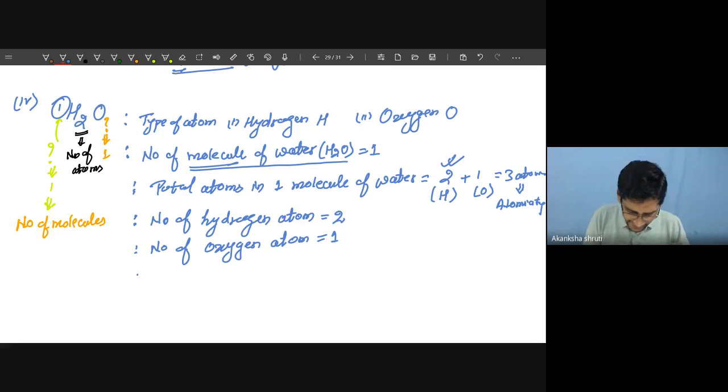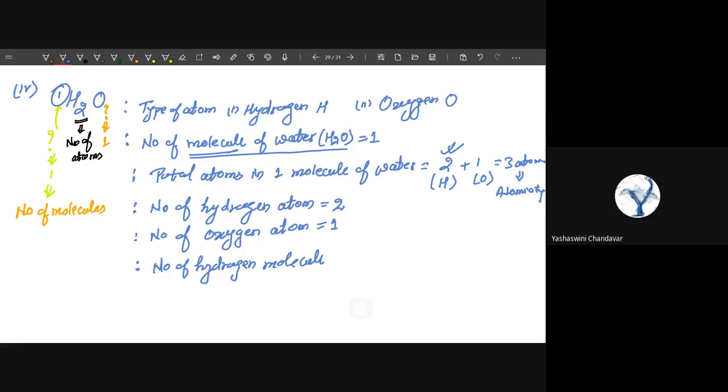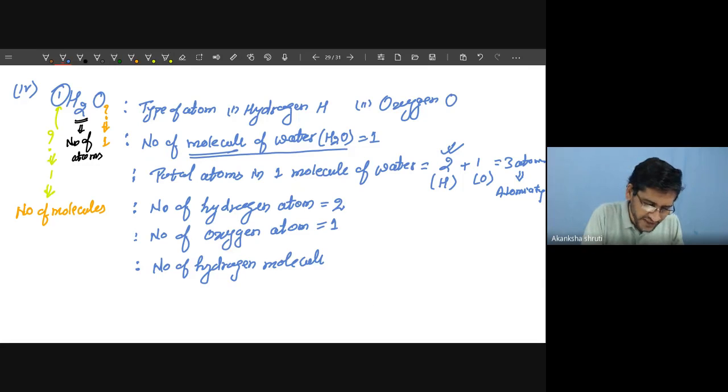Student, can it be asked the number of hydrogen molecules in one molecule of water? 1? How? You are just saying it is like our H2, so you are considering this as a molecule.